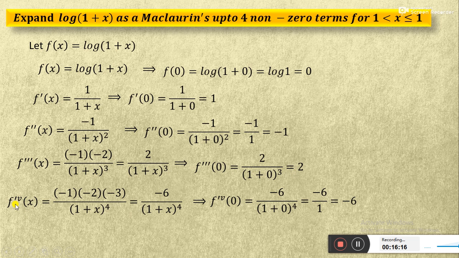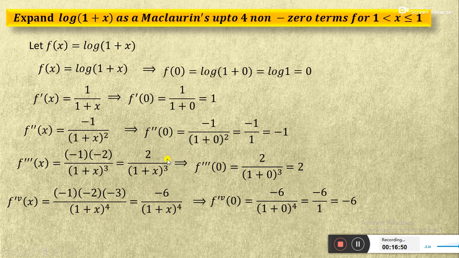Next I calculate the fourth derivative. I differentiate the third derivative again, and the third derivative is 2 by 1 plus x whole cube. So I write 2 times 1 plus x whole power minus 3.